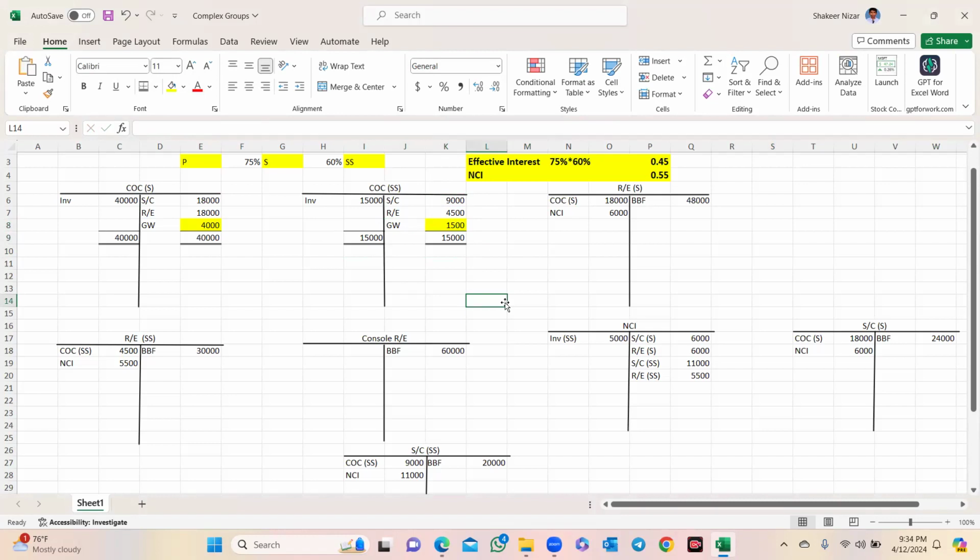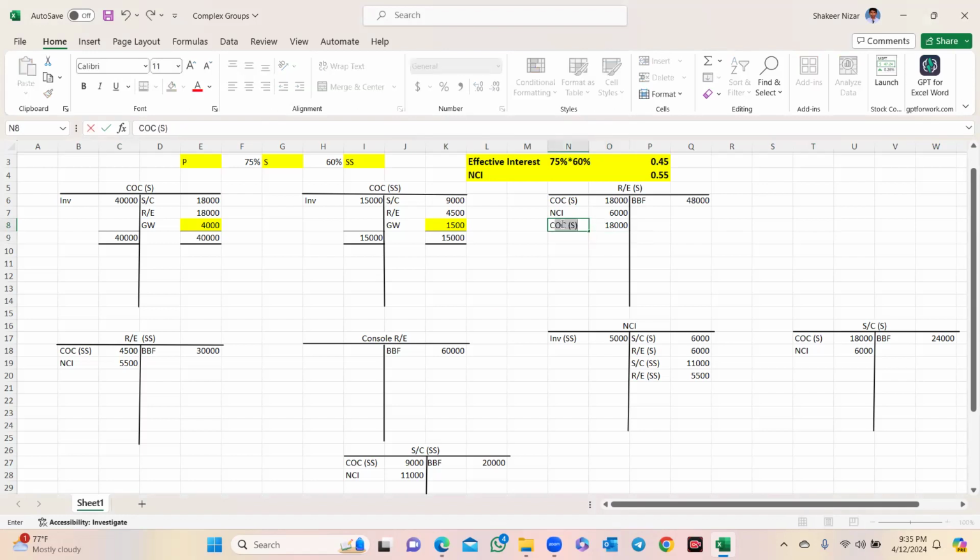So we want to deal with the retained earnings, because now how much is this remaining? 48,000 minus 18,000 minus 6,000, how much is left? 24,000. Out of that 24,000, 75% is owned by whom? The parent.